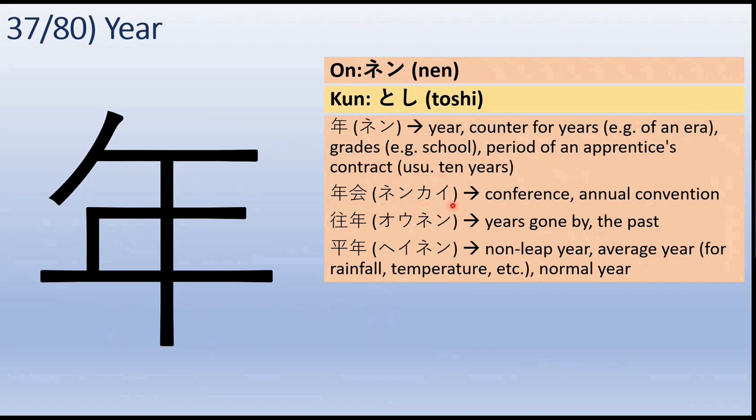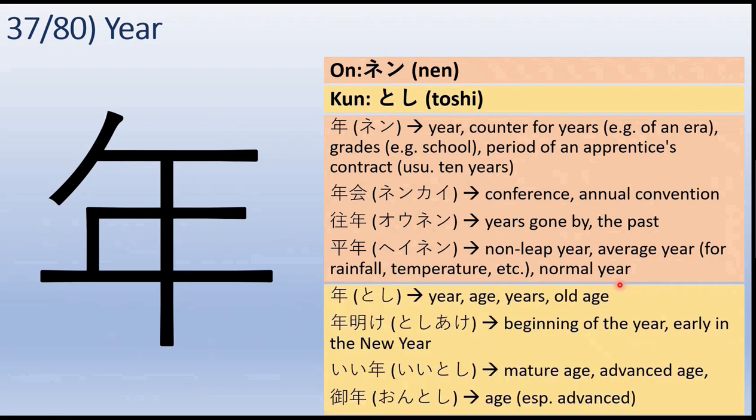Then we have Nenkai, which means conference or annual convention. Then we have Onen, which is years gone by, that is the past. Then we have Heinen, which means non-leap year, or an average year for rainfall, temperature, etc., or a normal year.